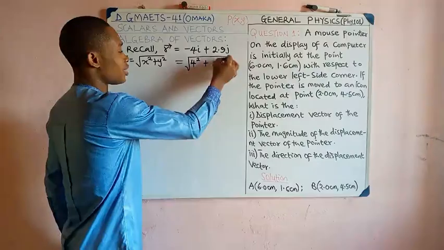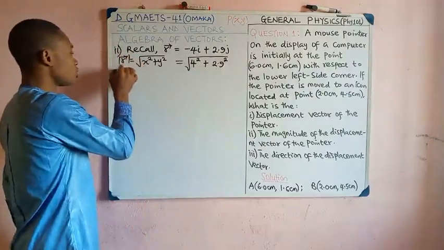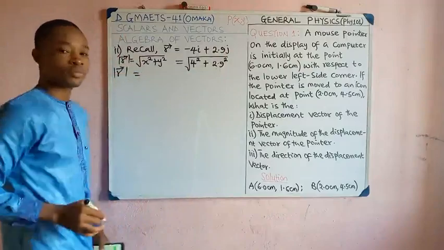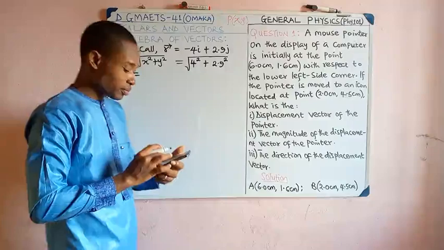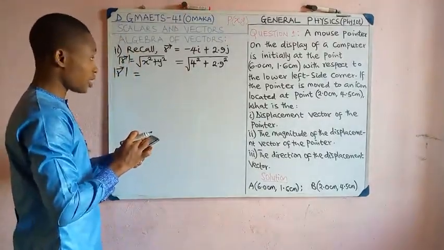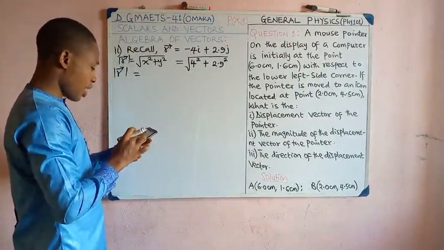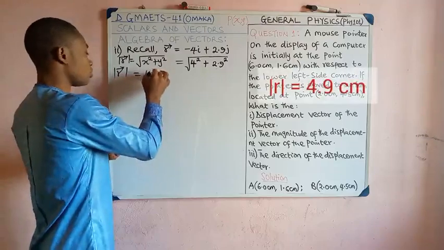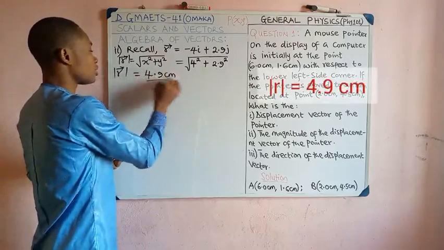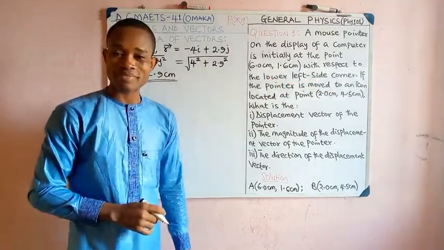Plus 2.9 squared. You'd see that the magnitude of the displacement vector will now be what? Let's find out. If you punch this in your calculator, square root of 4 squared plus 2.9 squared, and you close the brackets. Alright, so it's giving me 4.9 centimeter. So this is the magnitude of the displacement vector of the mouse pointer.